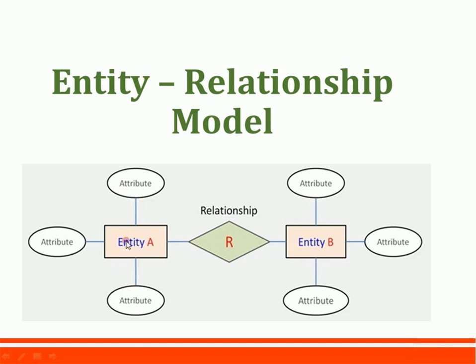And the attributes of a student may be name, roll number, age, etc. Similarly, for the instructor, it can be the employee ID, experience, age, etc. So this is how an ER model will look.